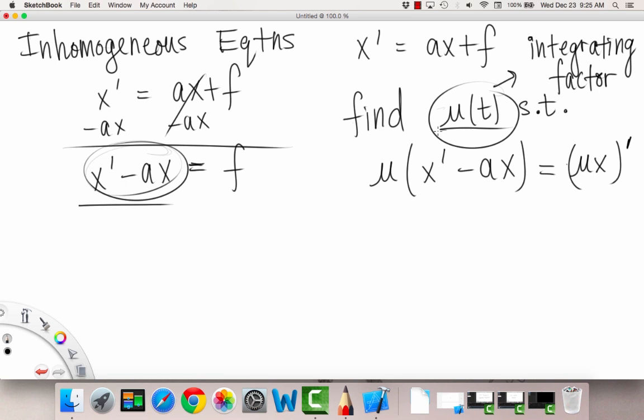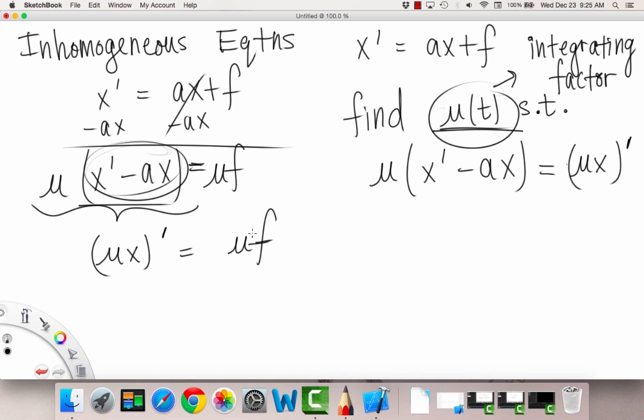So we're going to find something such that the left side, when we multiply by it on both sides, can be simplified into the first derivative of mu times x. And then this is going to be equal to mu times f, because we multiplied by that on both sides.